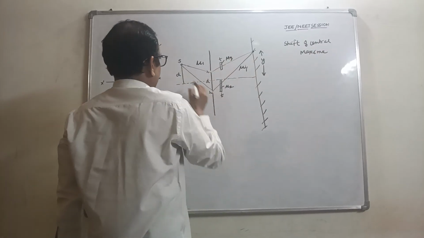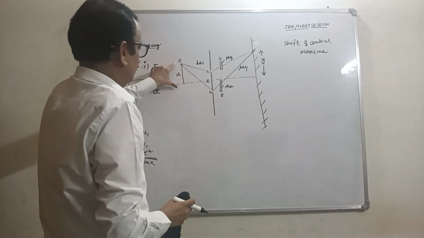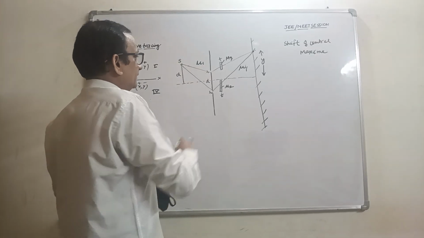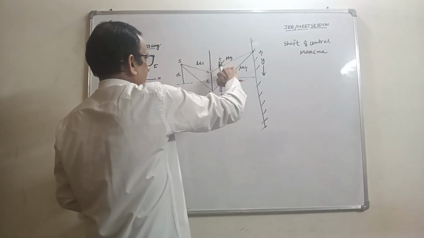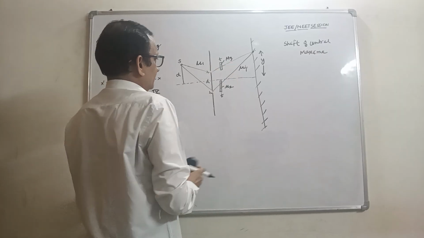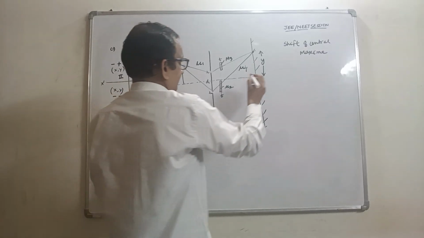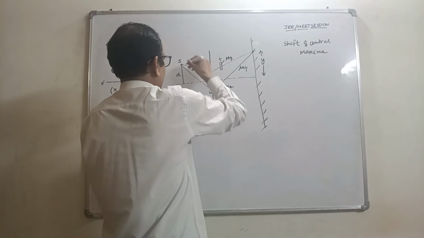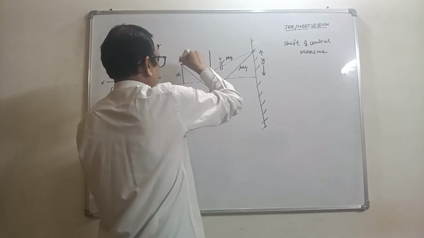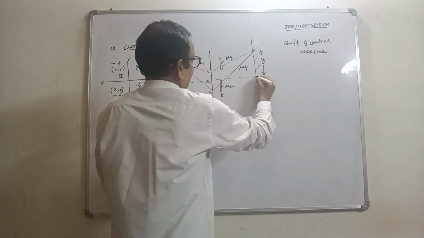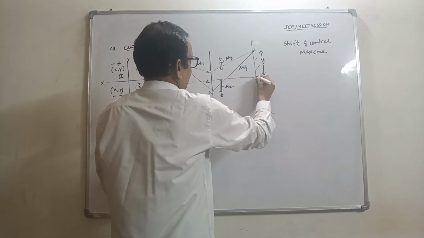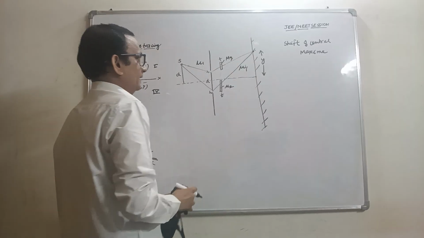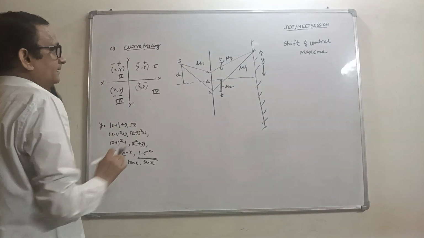If the source is obliquely incident on the slits, and due to these thin sheets, if these are not placed, the central maxima would be placed here, but by this arrangement it is shifted upward. So we have to find out why.